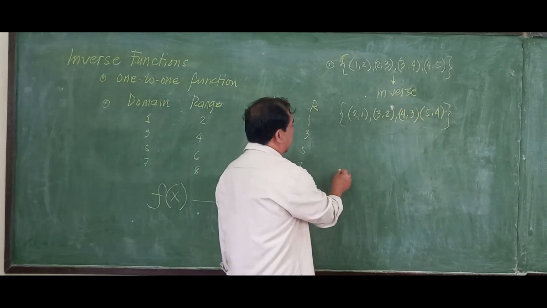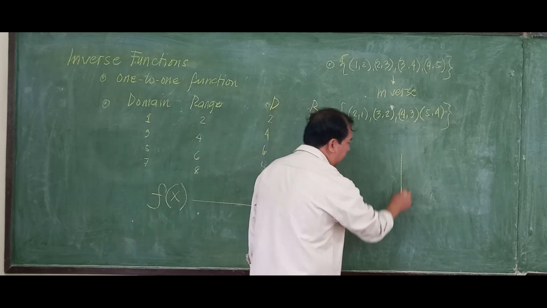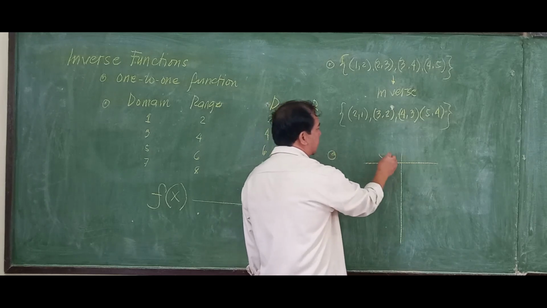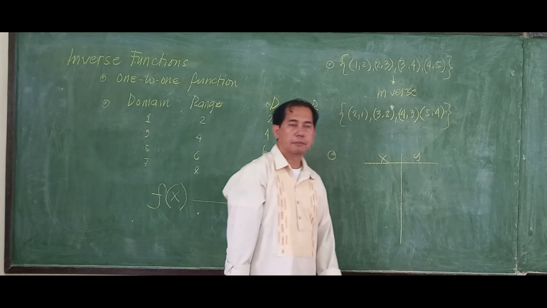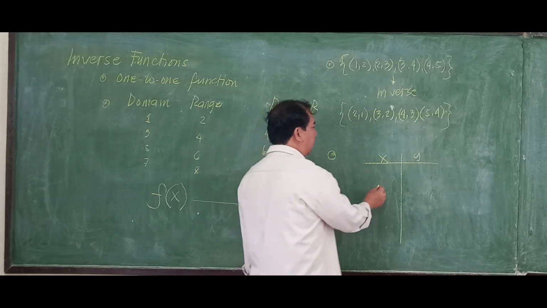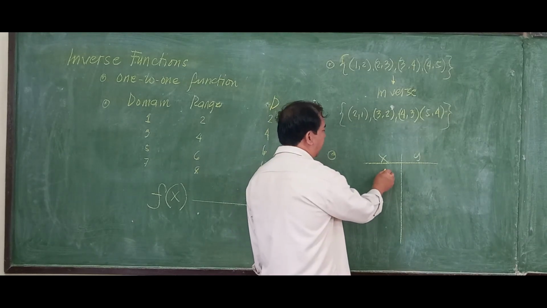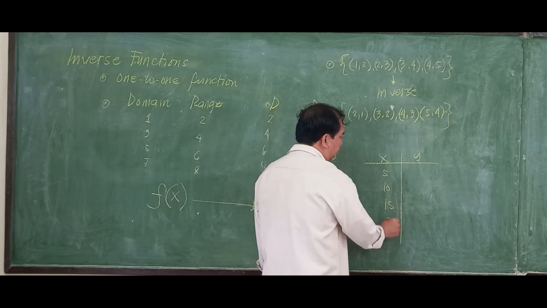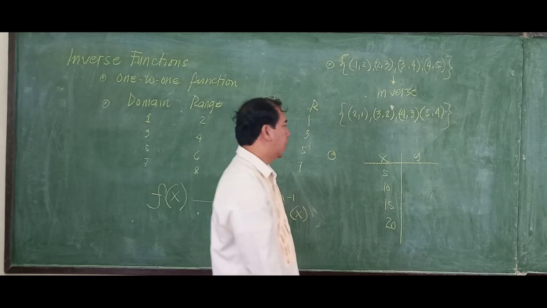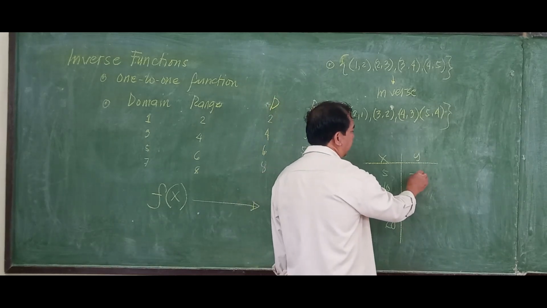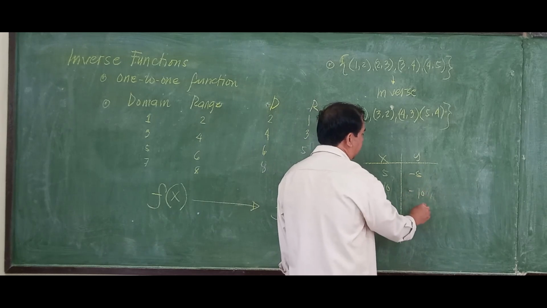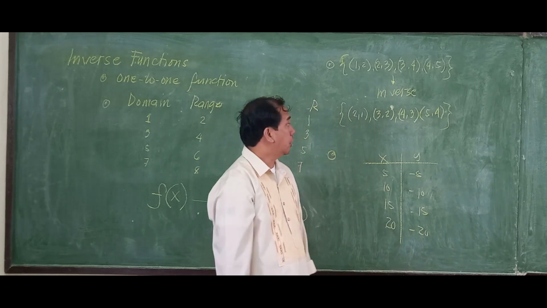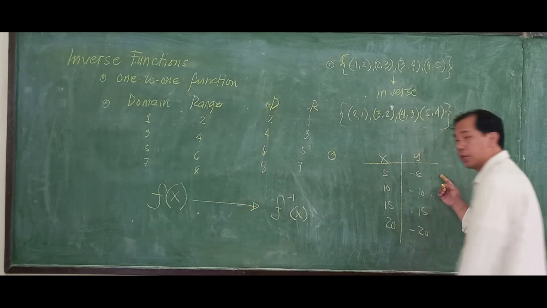Another one, that can also be seen in another sample if we have a table for x and y. We have in here the original function, shall we say we have 5, 10, 15, 20. Okay? Now, another one in here is negative 5, negative 10, negative 15, negative 20. The question in here is, what must be its inverse?